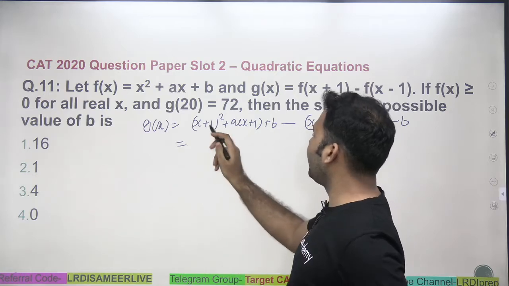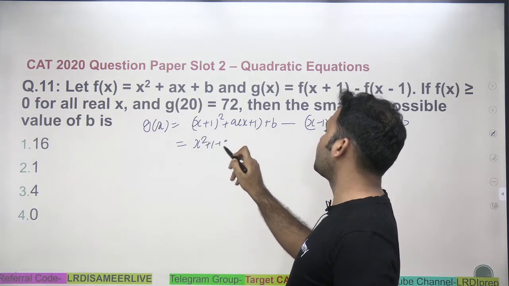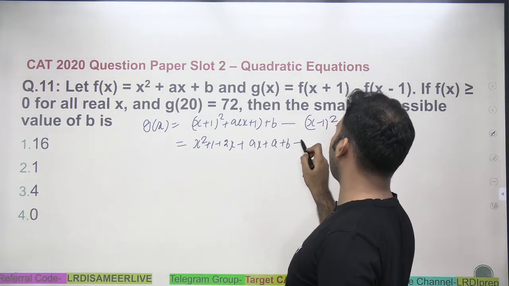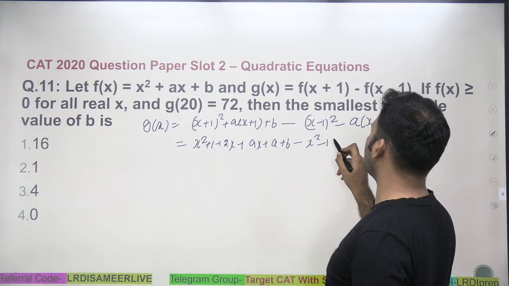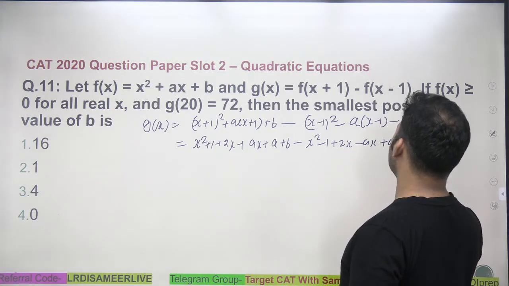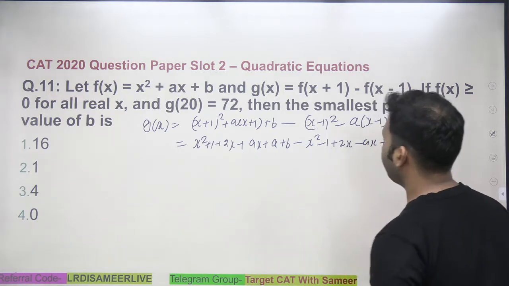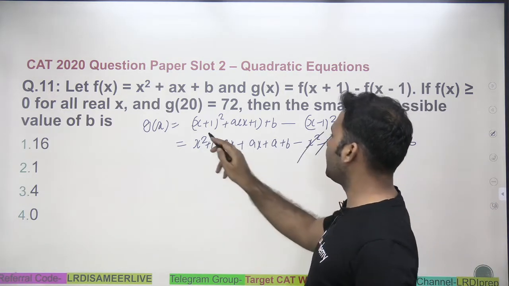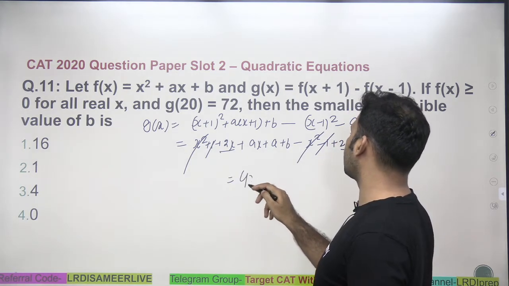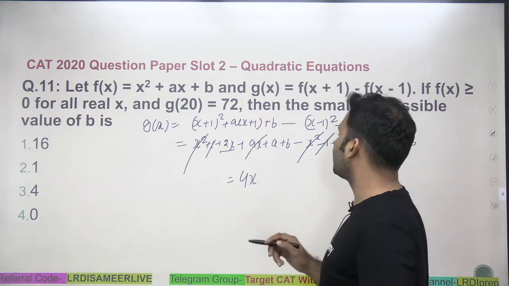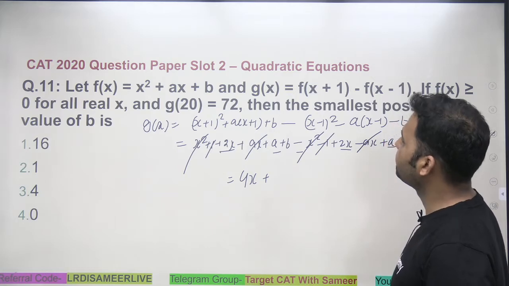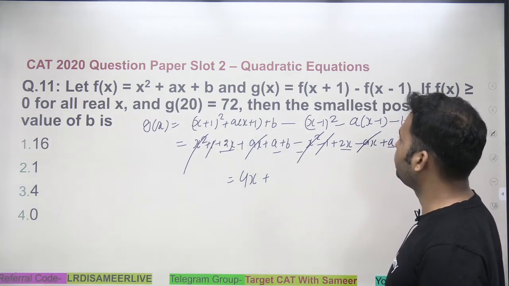Or let's just expand it. x square plus 1 plus 2x, plus ax plus a plus b, minus x square plus 1 minus 2x, plus ax minus a minus b. Now you see that x square and 1 get cancelled. 2x plus 2x is equal to 4x. ax minus ax will get cancelled. And a plus b is 2 times a plus b, right?